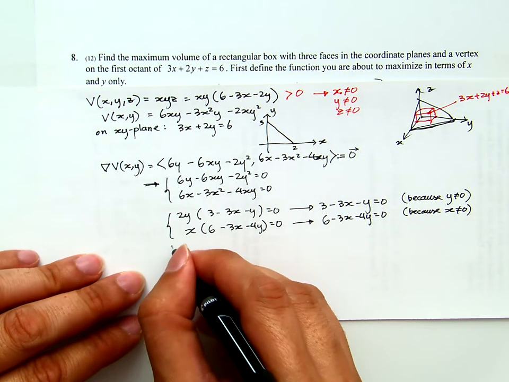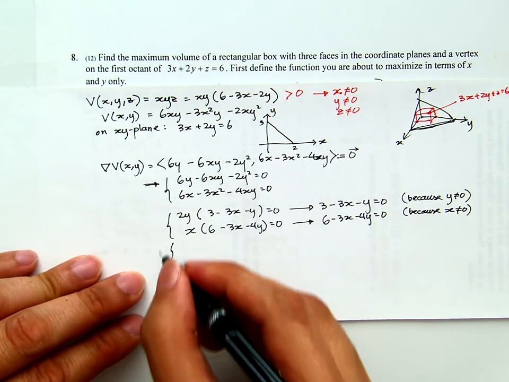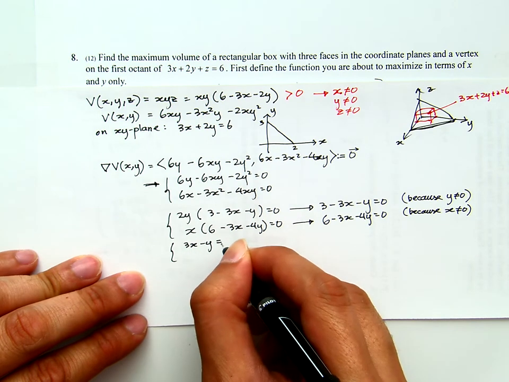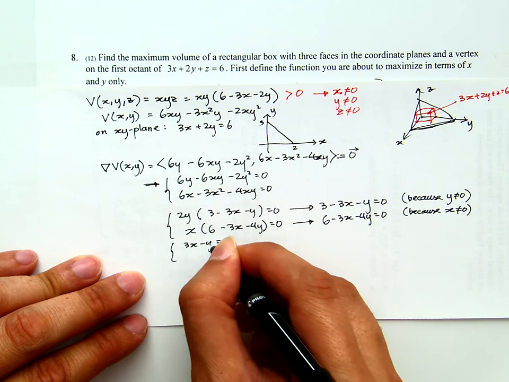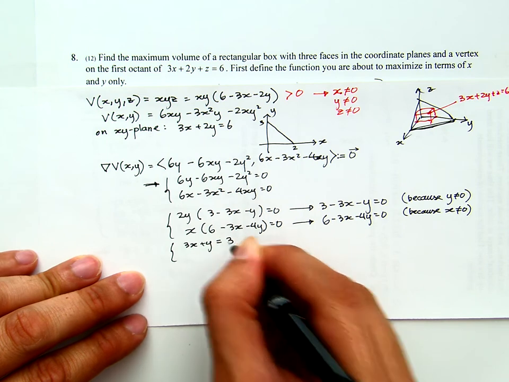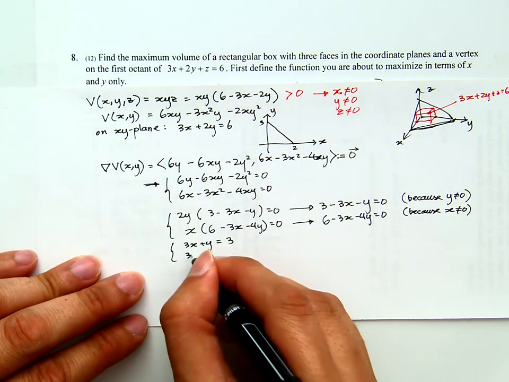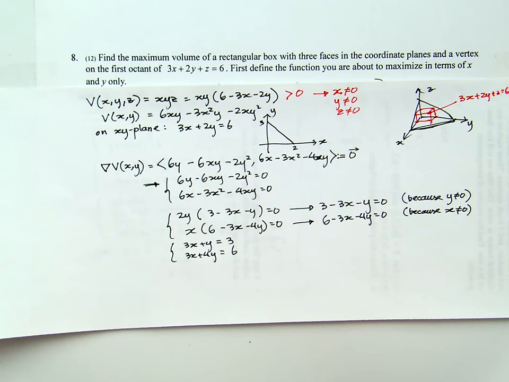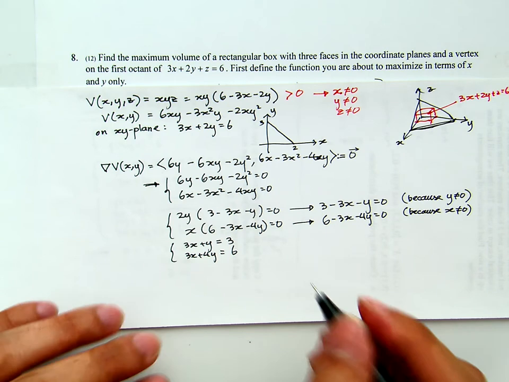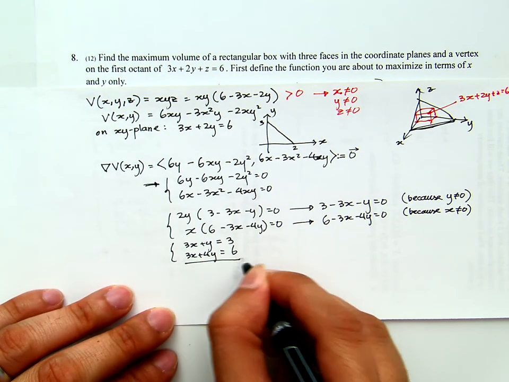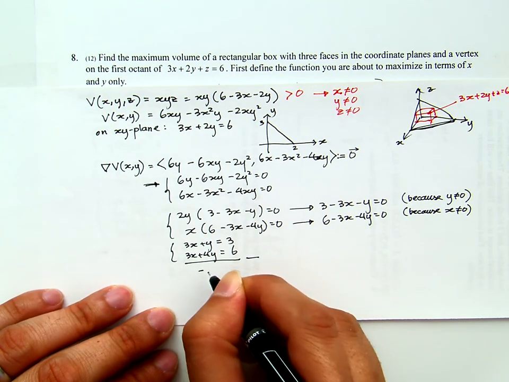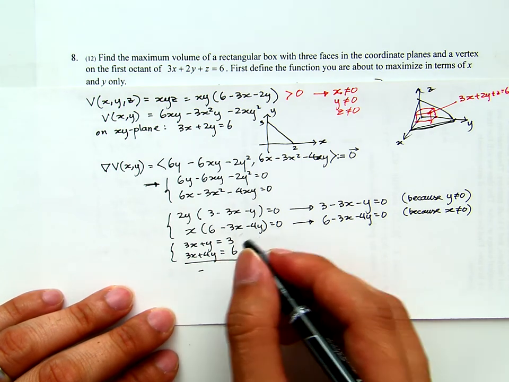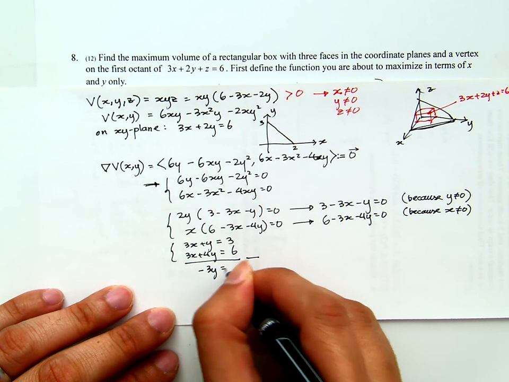Now, if I continue from that system of equations, I basically have 3x plus y equals 3, and then 3x plus 4y equals 6. Now, if I subtract these equations, I will get negative 3y equals negative 3.